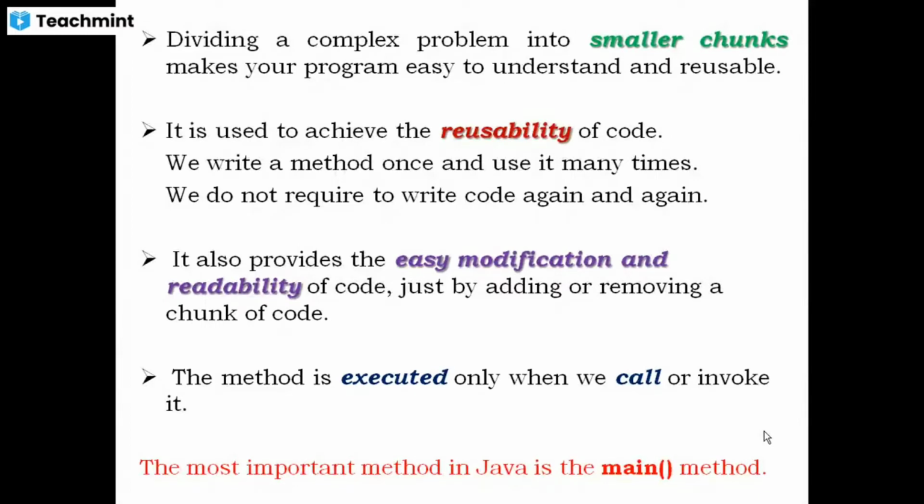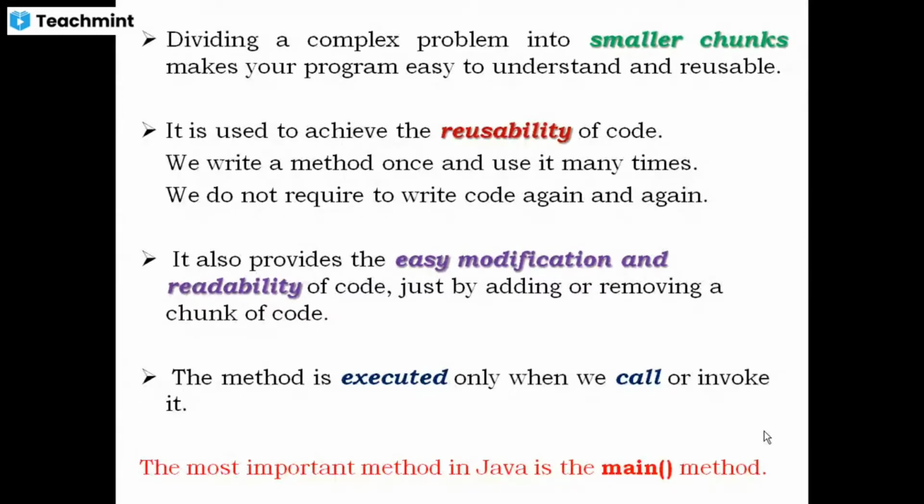Another reason to use a method is that it is used to achieve reusability of code. If we are using a method, it is not required to write that code again and again. Whenever we require that code, we can call that method. Okay, only one time we need to write that code or those statements which we require in our program, and we can use it many times.